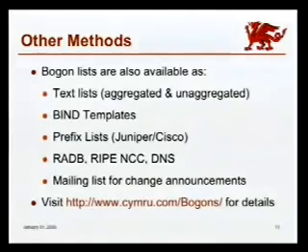We also have bind templates and Juniper and Cisco prefix lists to show you examples of how to filter Bogons without relying on a route server. And then we also have objects defined in various databases like RADB, the RIPE NCC, and DNS. So if you have code that's already querying, say, the RADB for certain networks for your network policy, you can just reuse the code to build a current list of Bogons.